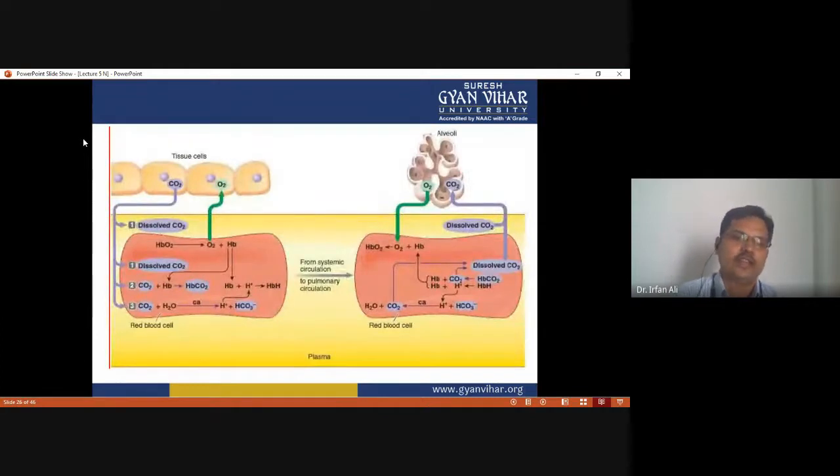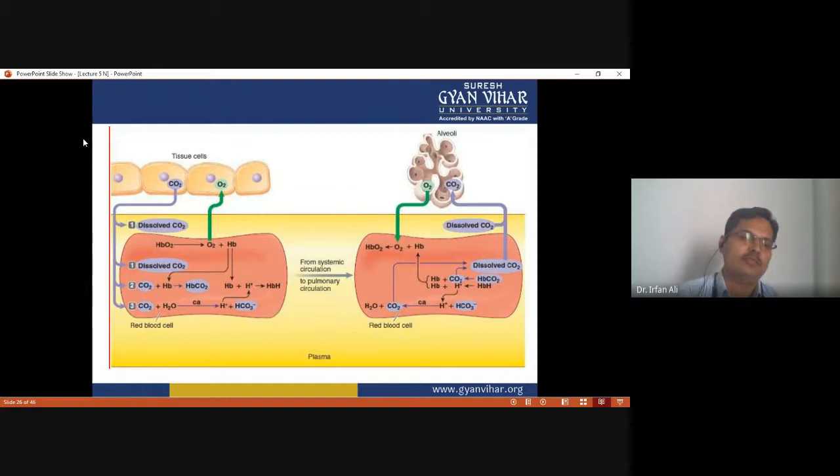And this figure shows what happens at the level of tissue cells, where carbon dioxide is released during aerobic respiration. Here, when the tissue releases carbon dioxide, this carbon dioxide diffuses into the blood and dissolves into the plasma, and some of the carbon dioxide binds with the hemoglobin and forms HbCO2 complex.